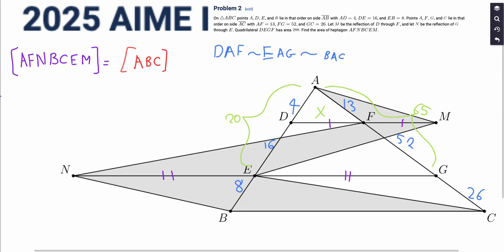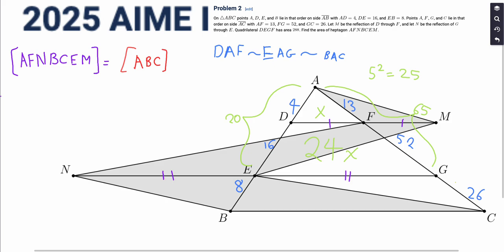And so here it's the same thing. We're multiplying by a scale factor of 5. So if you multiply the side lengths of a triangle by 5, you're actually multiplying its area by 5 squared, or 25. So if this area is x, then AEG is going to be 25x, making DEGF 24x.